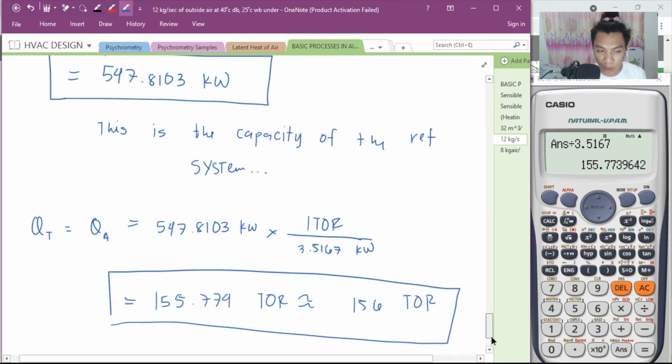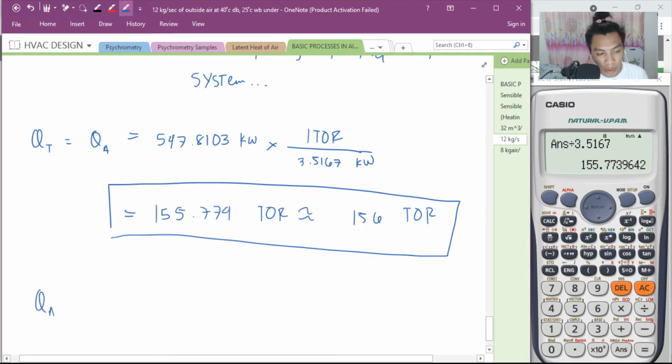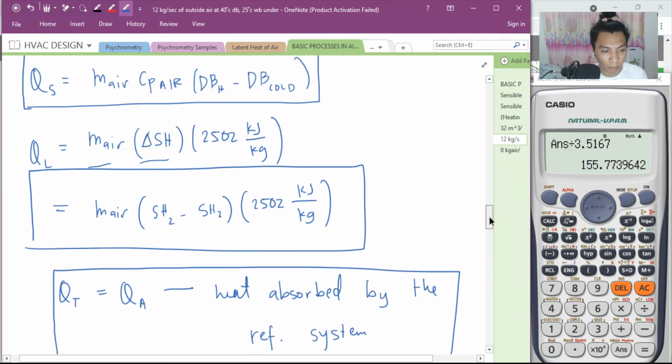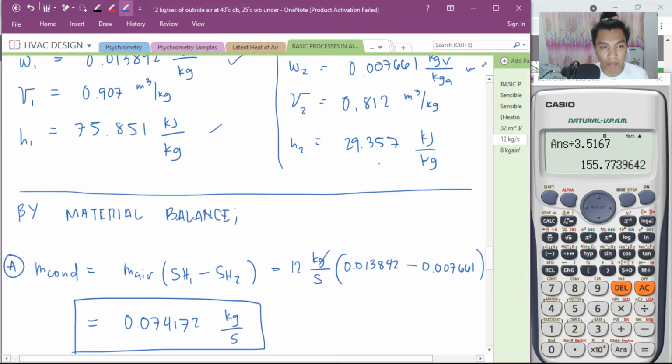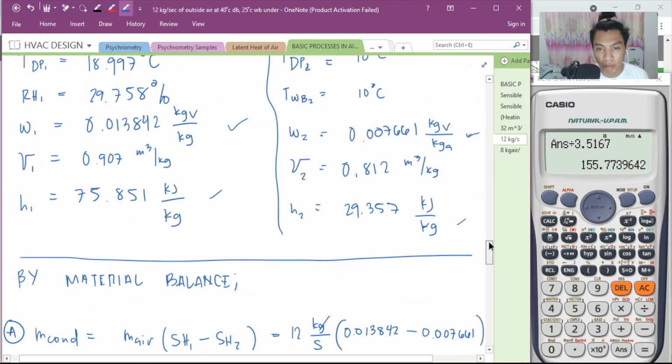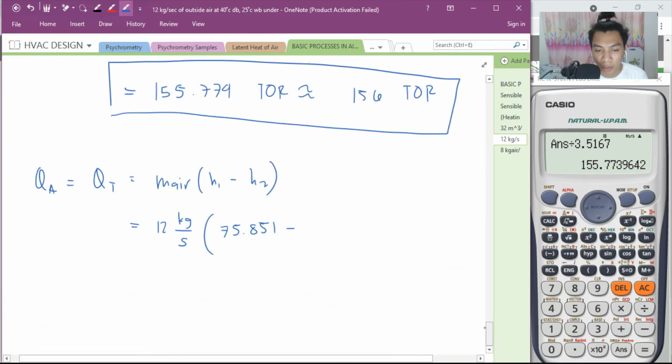Okay? Pwede rin nating solve. Check natin. Yung QA is equal to QT, equal to mass ng air multiplied to H1 minus H2. Check natin kung tama. Yung mass ng air is 12 kg per second. H1 is 75.851 minus yung H2, 29.357 kilojoule per kilogram.